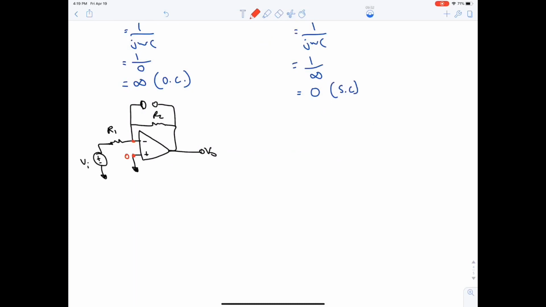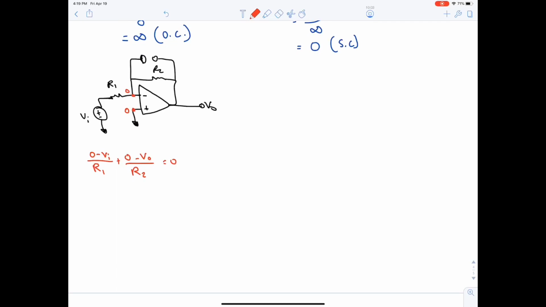If this is 0, this is also 0. Now we need to do the analysis. 0 minus V input over R1 plus 0 minus V output over R2 equal to 0. So 1 over R2 V output is equal to minus 1 over R1 V input. This will give us V output over V input is equal to minus R2 over R1.